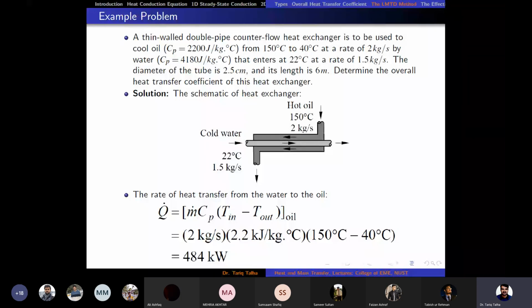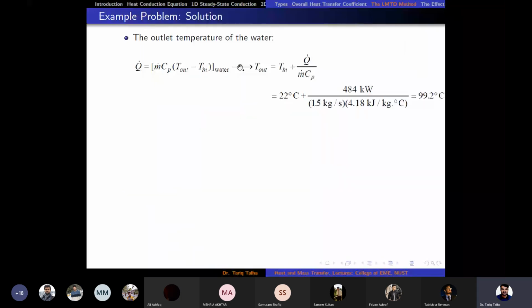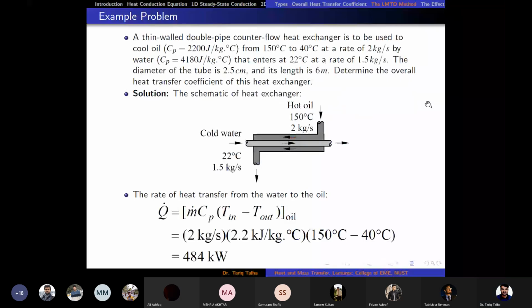Now we can find the value of the cold water outlet temperature, which is TC out. That comes out to be 99.2. So it means that the cold fluid is heated from 22 to 99, right, while the hot fluid is being cooled from 150 to 40 degrees.